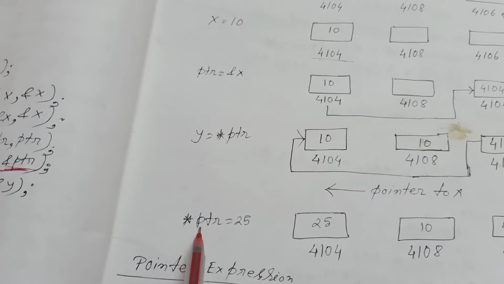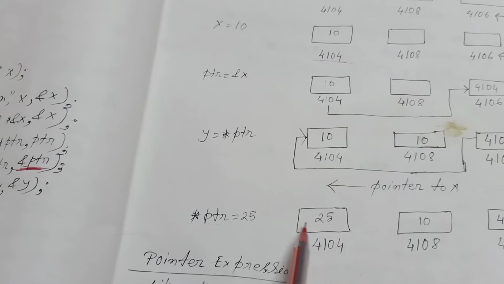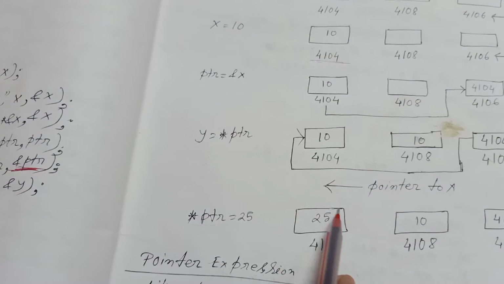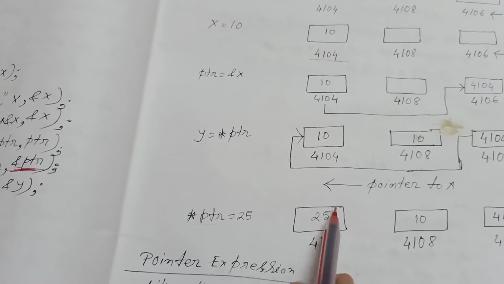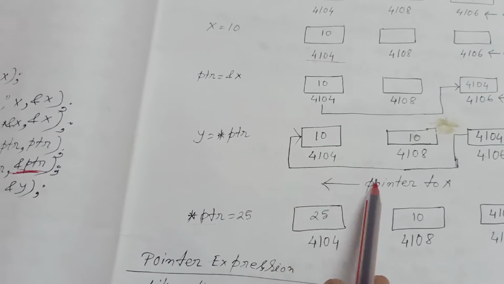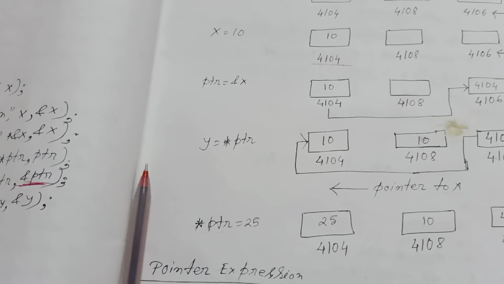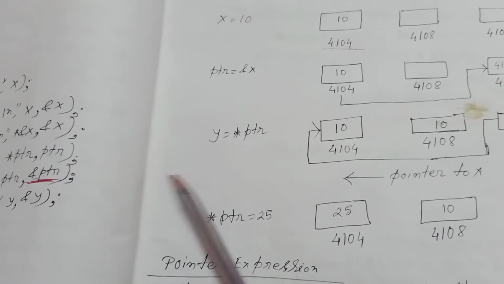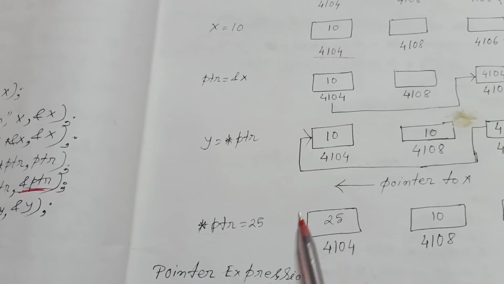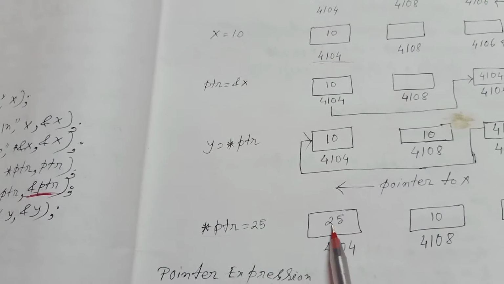Now when we write pointer ptr equal to 25, this was blank previously, because the value of x is stored in y by using the pointer variable. So in that place we are able to store another new value.